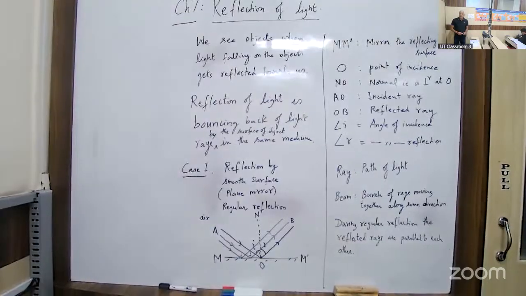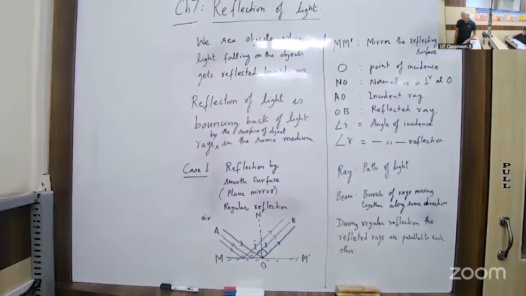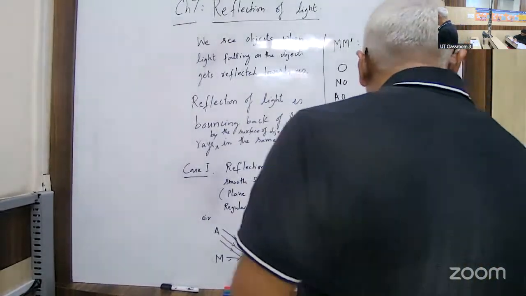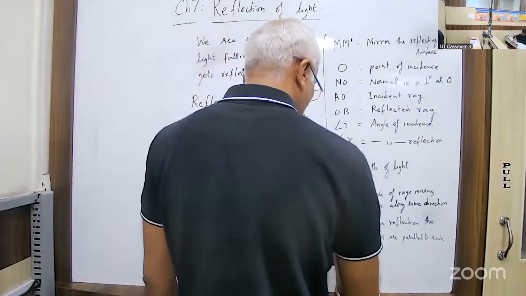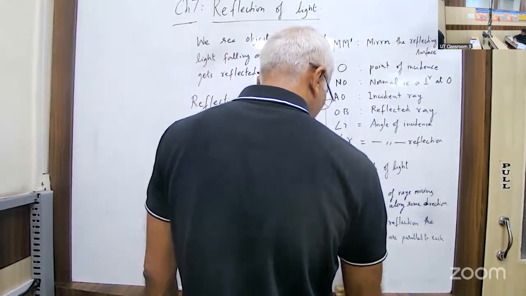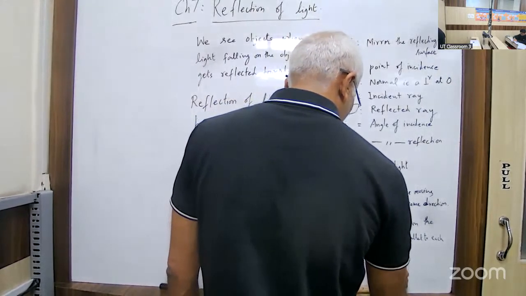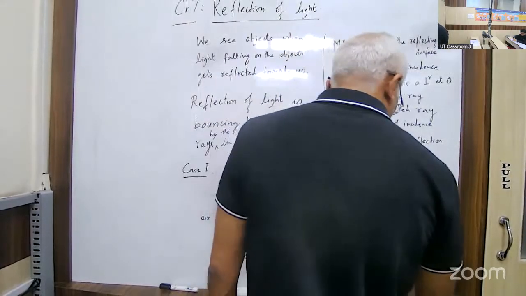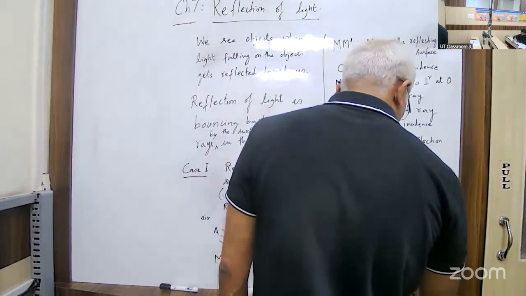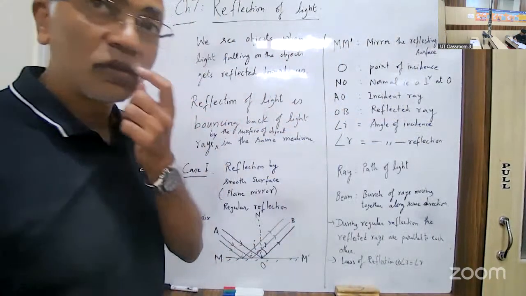Reflection of light obeys laws of reflection. That also I'll give you. It is two parts. One is angle of incidence is equal to angle of reflection.